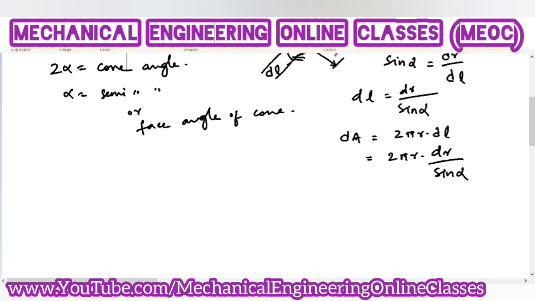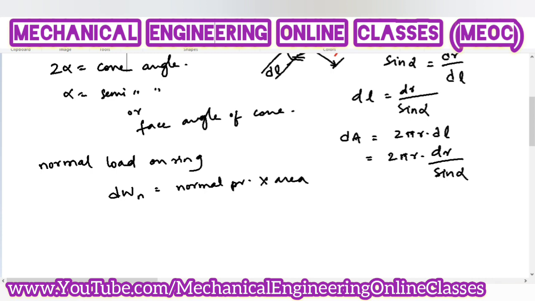Now let us consider the normal load acting on the ring, which is dWn, which is normal pressure into area. The normal pressure, which is perpendicular to the surface, is P, into the area, 2 pi r into dr by sin alpha.